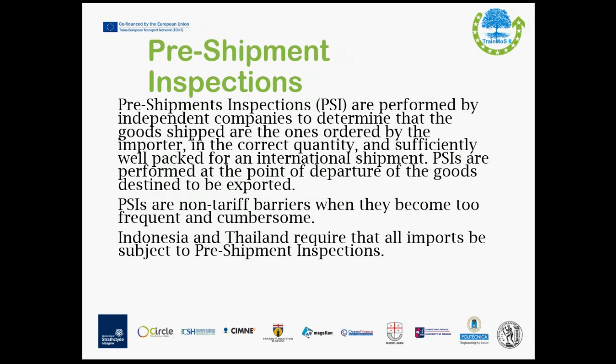the governments themselves. Nowadays, the governments, especially with trade agreements, and the modern customs authorities and the competent authorities, ask either another competent authority to perform on their behalf. The receiving competent authority asks the sending competent authority to perform inspections on their behalf, or independent companies to perform these inspections on their behalf.